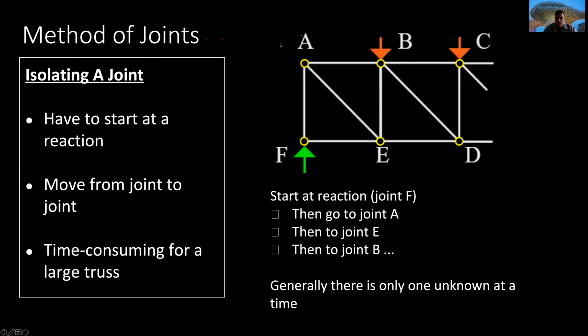For example, we'll isolate the joint A. Well, I have the joint A with 1, 2, 3 members plus the joint that is here. And I will start to calculate what are the different loads that each one of those members are supporting.